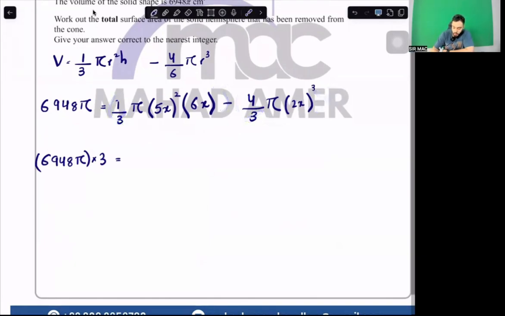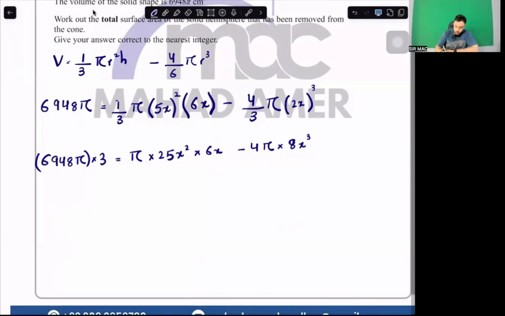So it would be written as pi times 25x squared times 6x, minus 4 pi times 8x cubed. Now let's try solving it. Just stop me wherever you want me to repeat anything, okay?